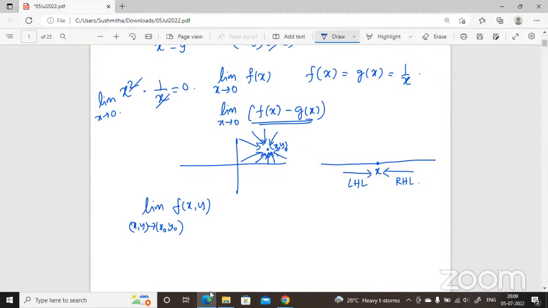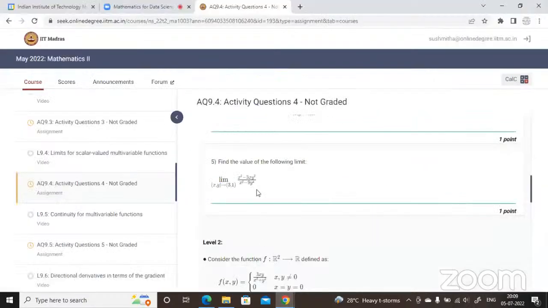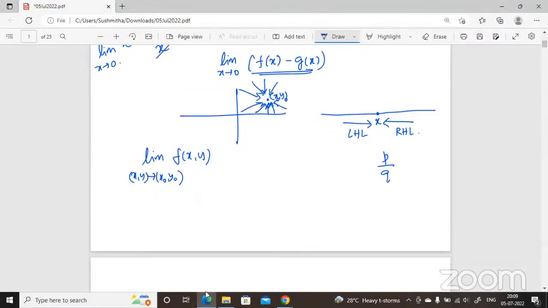Even in one variable calculus, we brought it to the p by q form where you cannot reduce it any further. Only then you applied the limits. So here again, you have to do the same thing. So you have x squared minus 3xy squared by x squared minus 9y power.